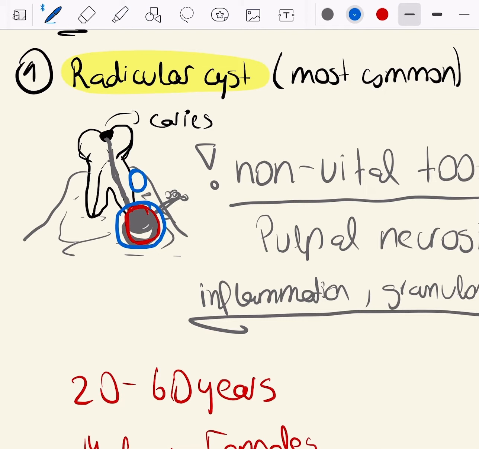So it can be called periapical. Okay, my handwriting is too bad. Periapical radicular cyst. Okay, or you can also say lateral radicular cyst.